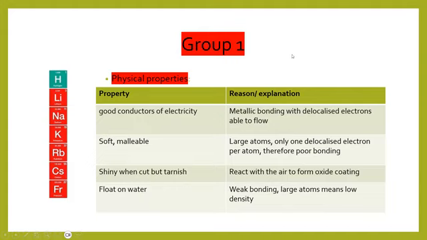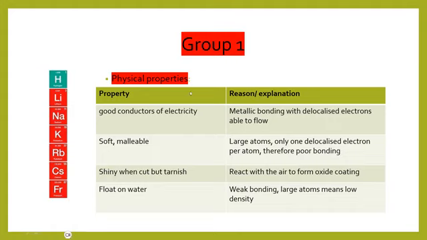I start doing the periodicity before I look at group 1, group 2, group 7, and so on, unless I have a laboratory. If I have a laboratory, then I will start by making the students excited by looking at group 1 on water.